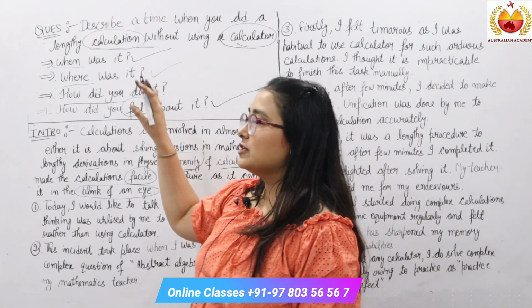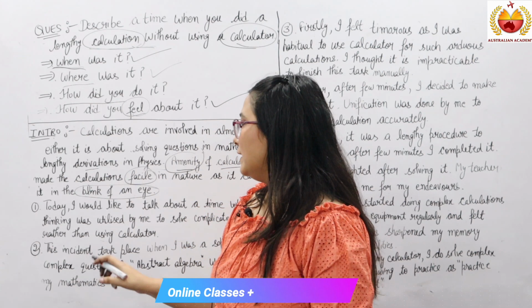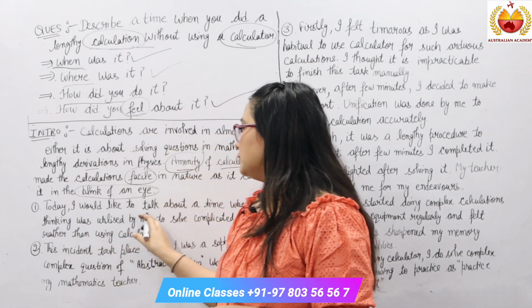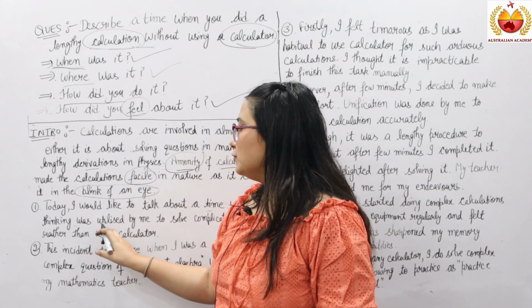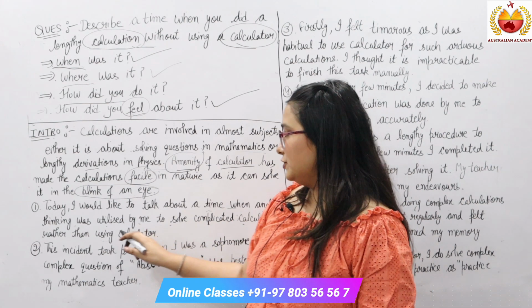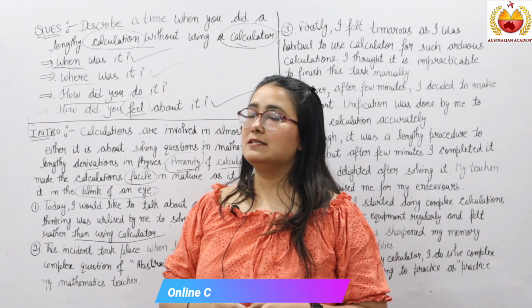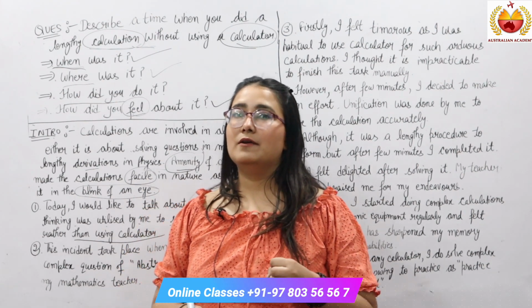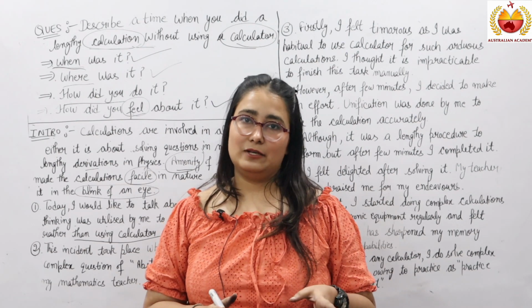And after that we can jump into the topic. Firstly, we have to explain when it was. So here we are saying: today I would like to talk about a time when analytical thinking was utilized by me to solve a complicated calculation rather than using a calculator. So the situation is, I completed a complex calculation but I did not use the calculator.